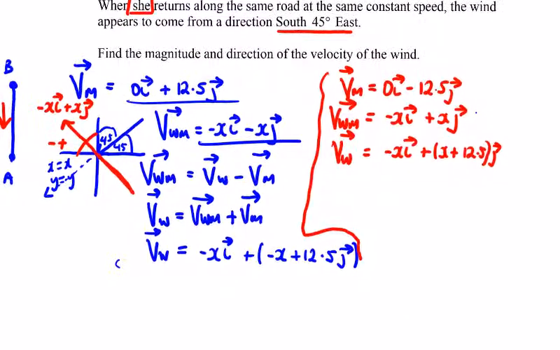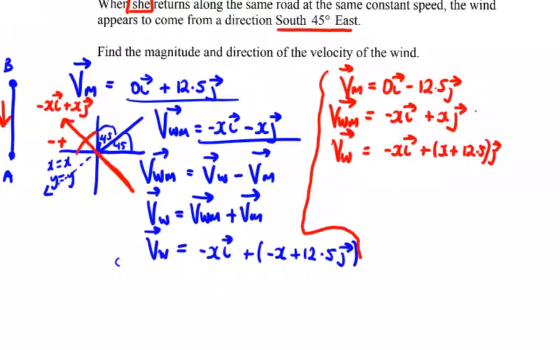And we now have two values for the velocity of the wind, so we can equate them. The I's are the same. So we have to say that minus X plus 12.5 would have to be equal to, I left the bracket in the wrong place there, X minus 12.5. So you can see that 2X, no, I just put the plus in instead of minus.